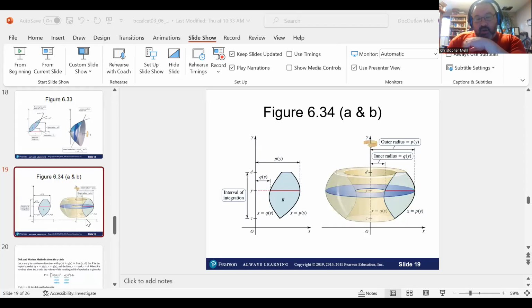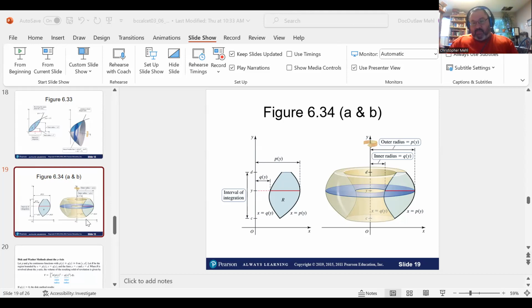Now, both the disk and the washer method can be expressed in terms of revolving about y instead of x. We described a solid of revolution as a region that we spin about the x-axis.